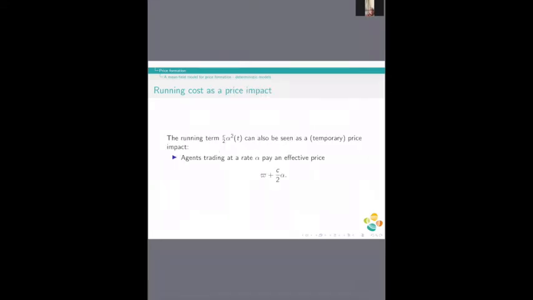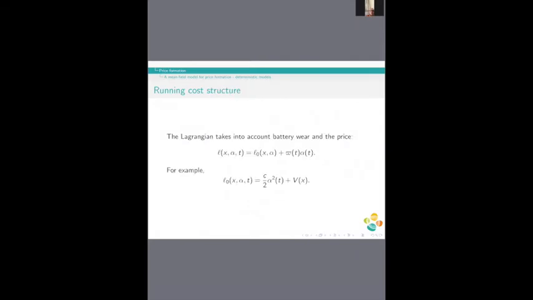This running cost can be seen as a temporary price impact. If you go back to this formula and you look at this term together with this term, what you can think is that if you trade at the rate alpha, you are paying C alpha over 2 more.